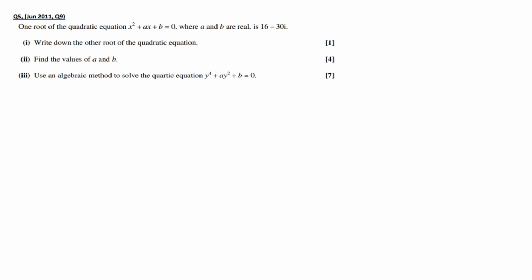Right. Here we get some harder ones. See that? 7 marker. That's when you know. So one root of the quadratic equation, which is this, where a and b are real, is 16 minus 30i. So I'm thinking that if a and b are real and we've got a complex root, then the only way for the coefficients to be real is by having the other root as the conjugate.